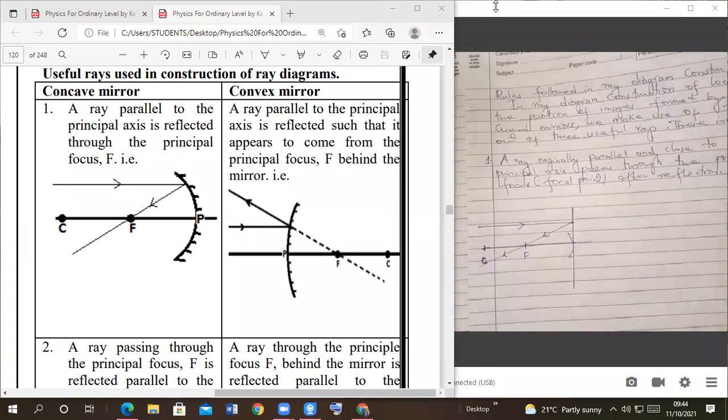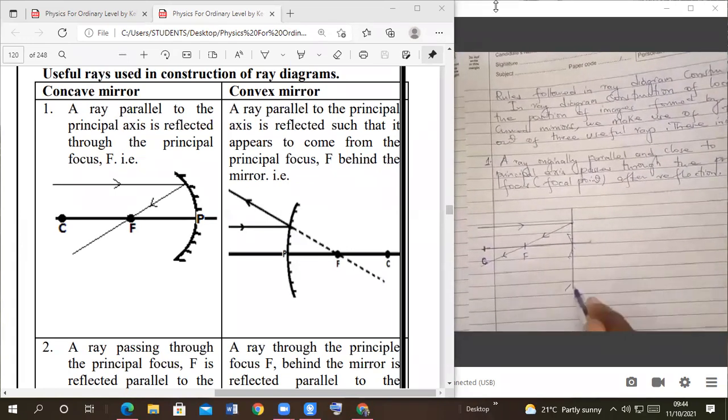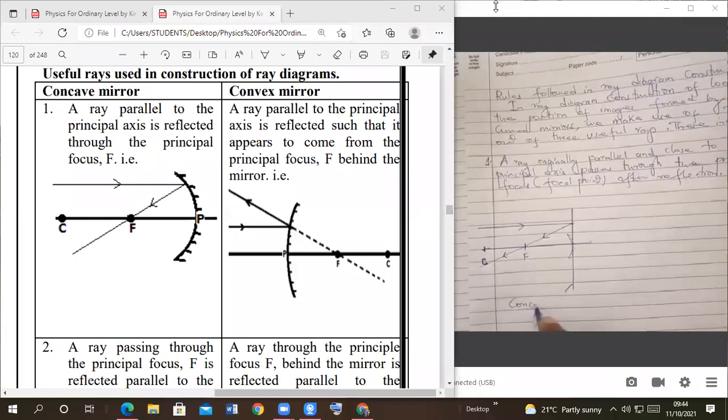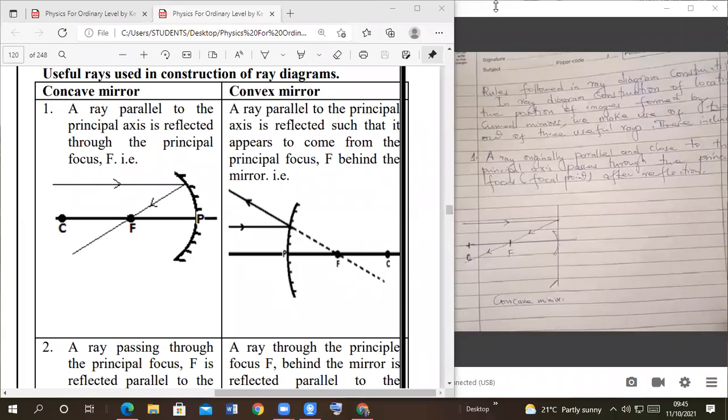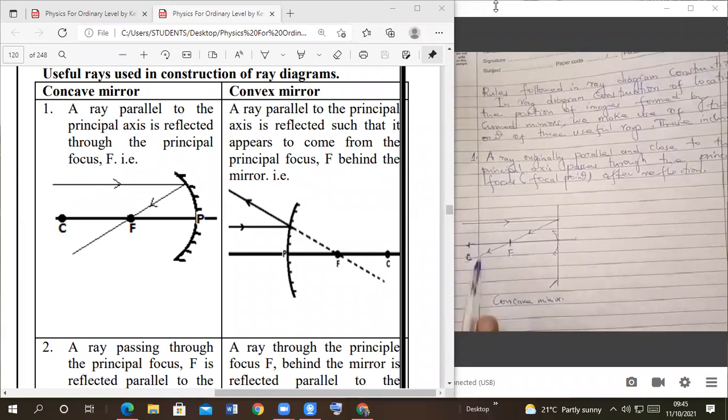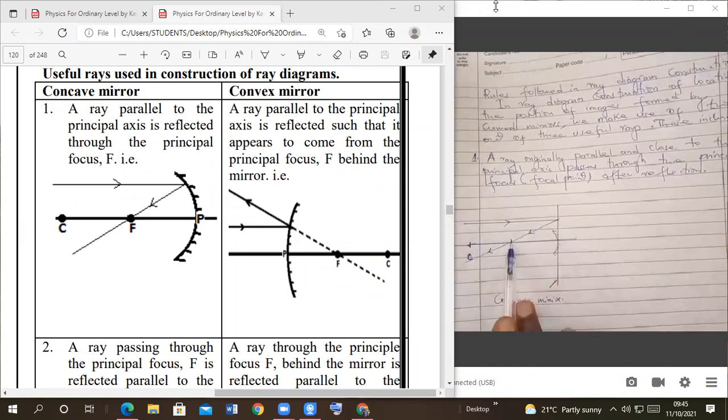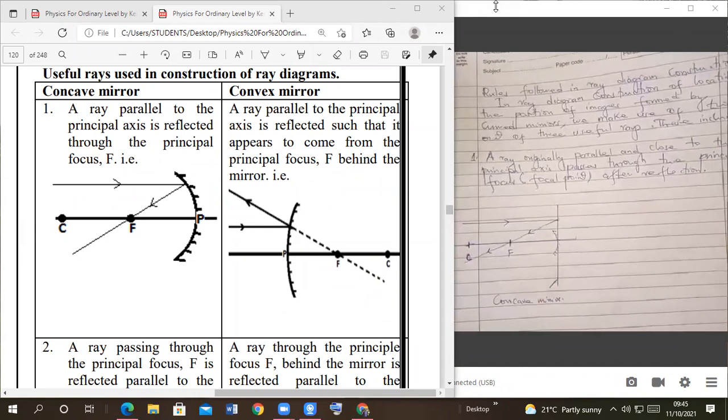This one is a concave mirror. Are we together, members? A ray which is parallel to the principal axis will be reflected through the principal focus. That rule is very important.